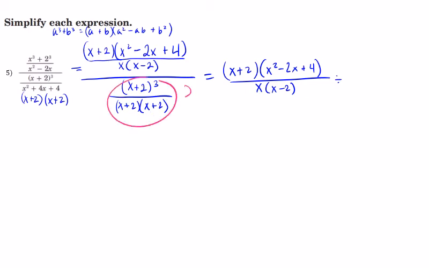Flip that guy and multiply. So it's going to become x plus 2 times x plus 2 all over x plus 2 cubed.